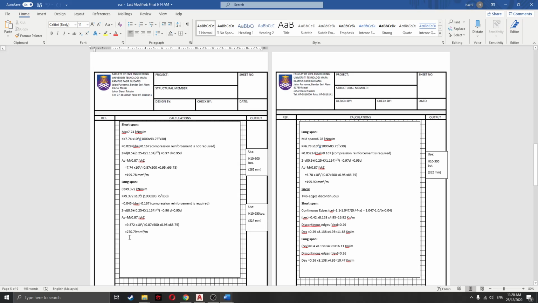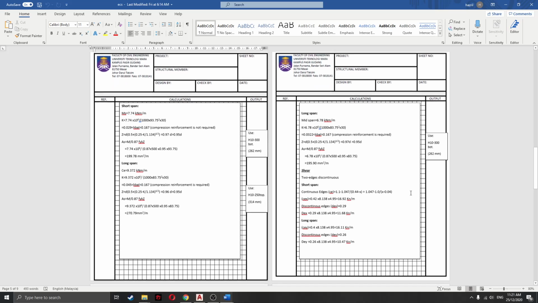Then long span, I get 27.79, I use 314 millimeter plus ES min. Long span 262 millimeter, I get 195.90 millimeter squared over m.